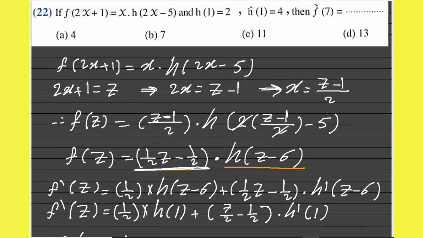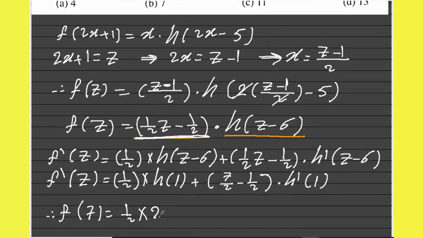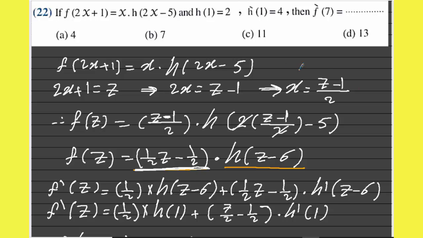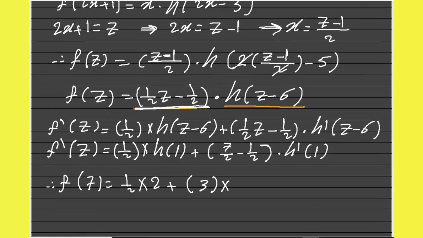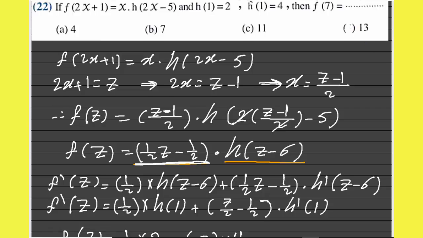From the given, h of 1 equals 2 and h dash of 1 equals 4. So the result equals half multiply 2, which is 1, plus 12, equals 13. And the result is at letter D. And I write D.